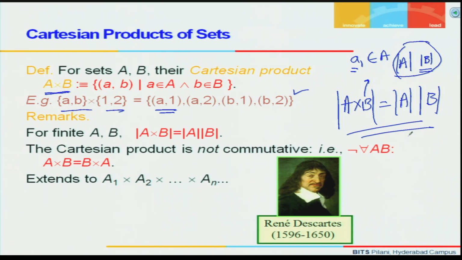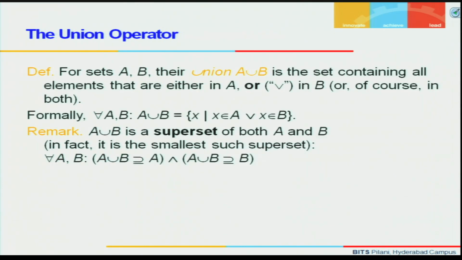And we can extend this to any number of sets. And we all know how the union operator works across two sets. If you have two sets, A and B, A union B is defined as the set of all elements x such that the element is either in A or in B or in both.